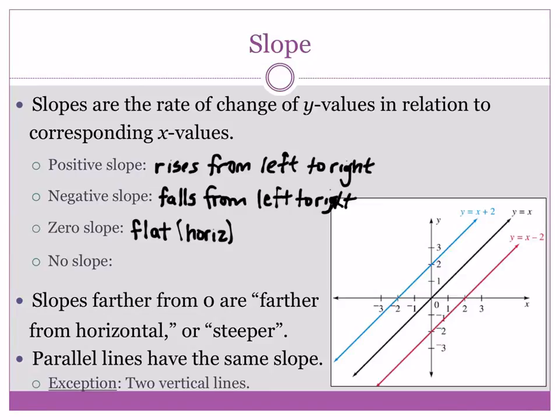Nope, x-axis is a horizontal line as well. Okay, Emma, say it louder. Yeah, it's vertical lines. No slope or vertical lines. We would consider that to have no slope. So no slope happens when the slope is undefined. Let me show you how the problem actually works out when you try to find it in a little bit. But this is an undefined slope or no slope, and this happens for vertical lines.